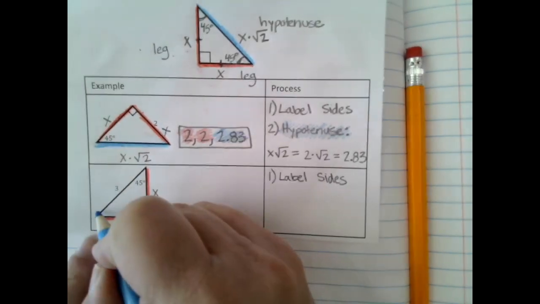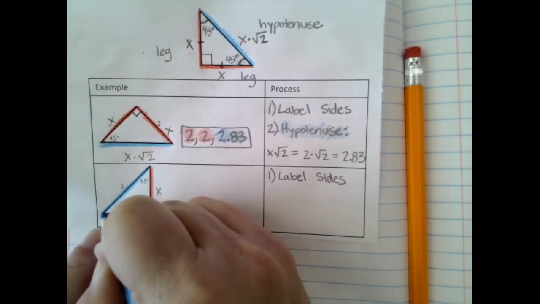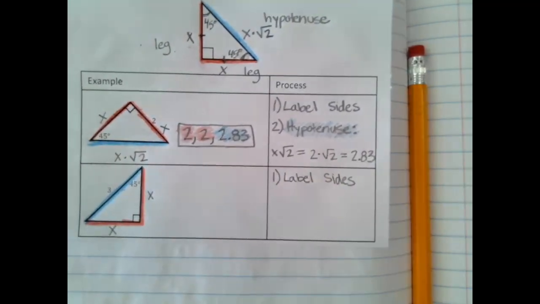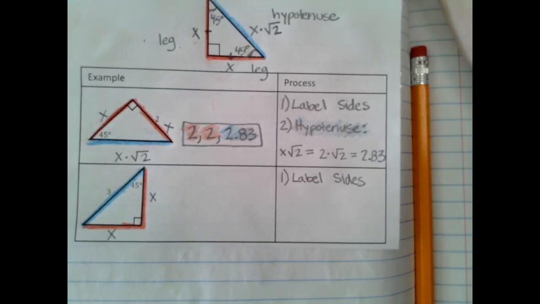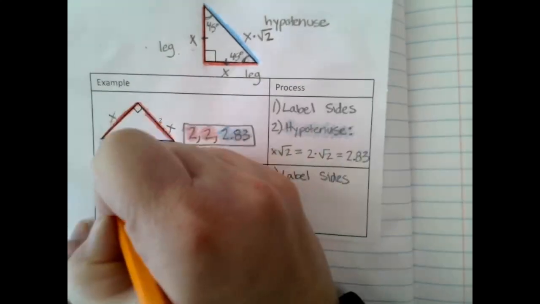All right, and then we have our hypotenuse across from that 90-degree angle. Okay, and that's our x square root of 3.